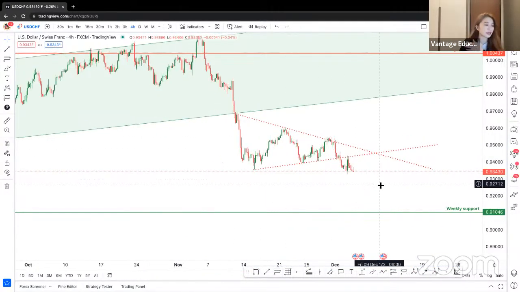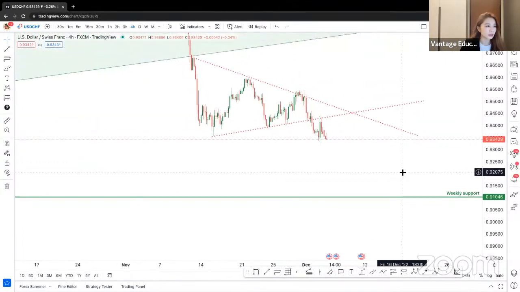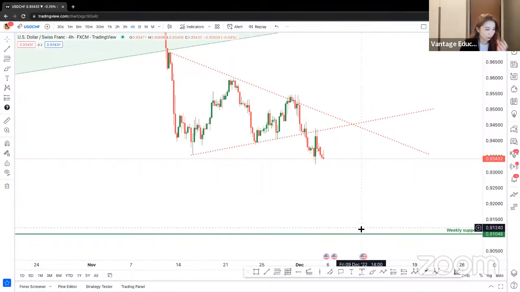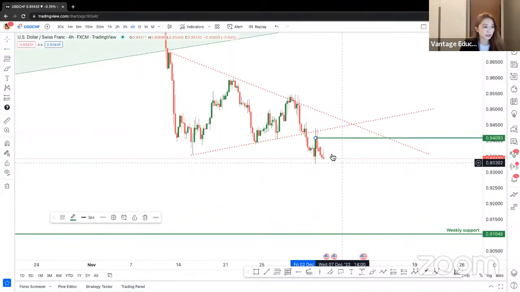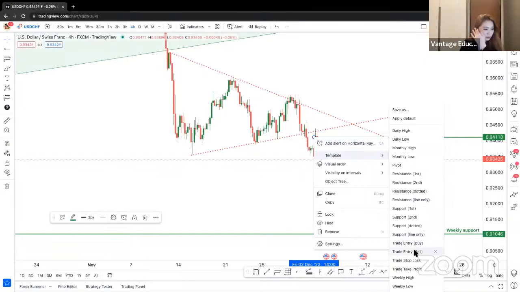So right now we can see that price actually broke out of the triangle that you can see in the H4 previously. So we are now looking at a potential downward fall. However, I think that right now is not the best price to come in yet. I think we can move up slightly to make an entry.